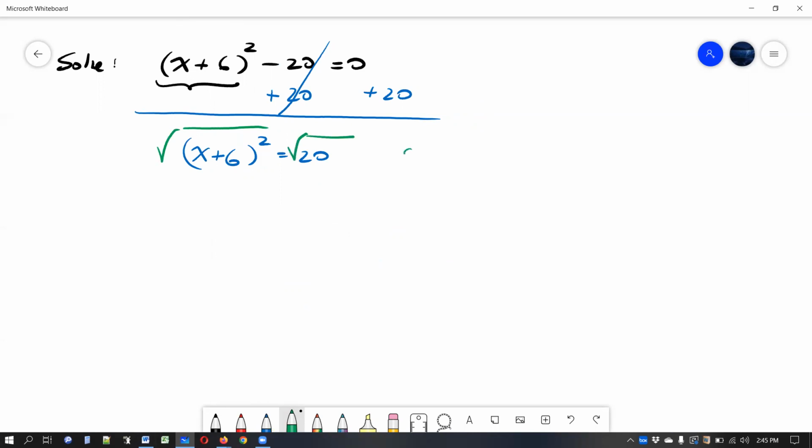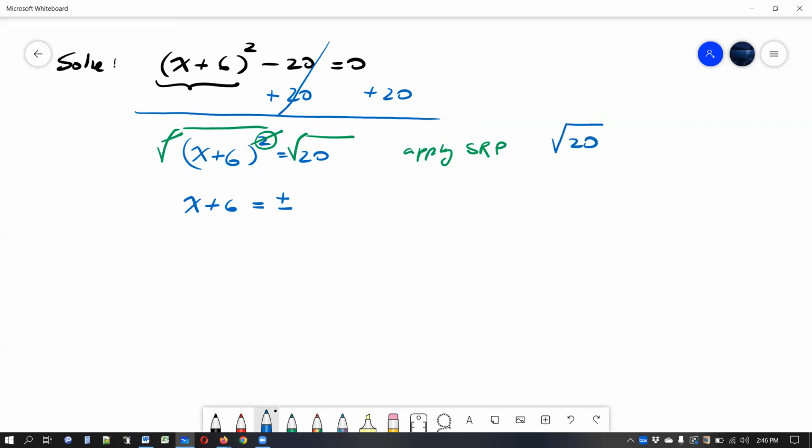This is what we call applying the square root property. When I do, this square will cancel with the radical. I am left with x plus 6 equals. On the right side, I immediately write plus or minus because that's the key element of the square root property. And now I have square root of 20.